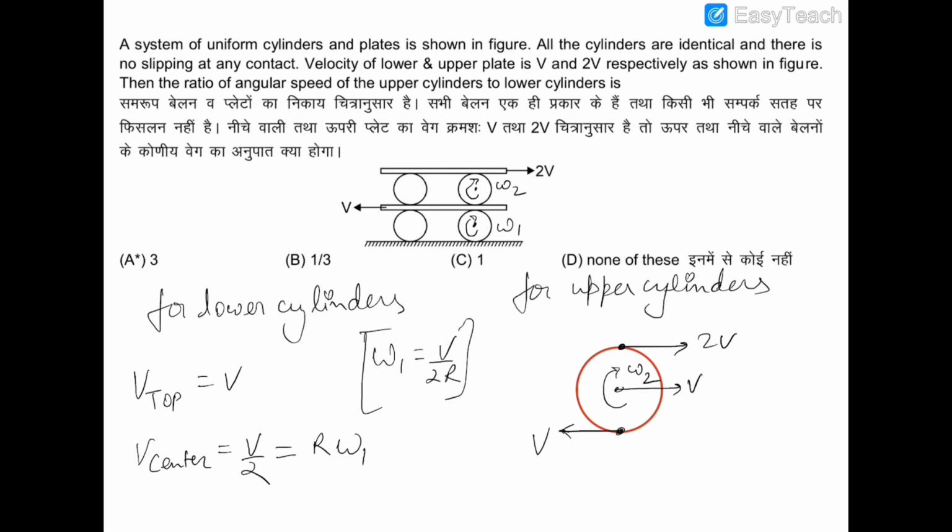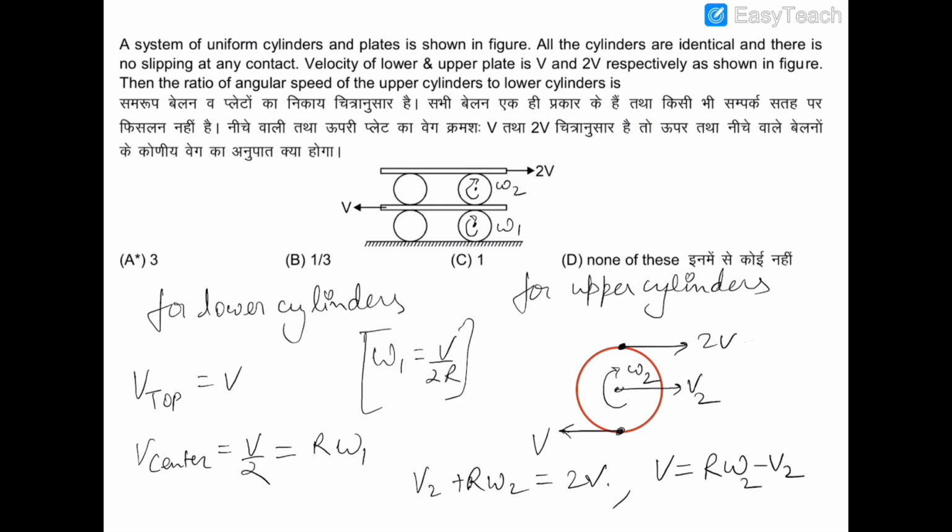So we know that velocity of top point is equal to v2 plus r omega 2, and that is equal to 2v, and the velocity of the bottom point is in the backward direction, so r omega is in the backward direction and v is in the forward direction. So v will be equal to r omega 2 minus v2, because r omega is in the backward direction and v is in the forward direction.